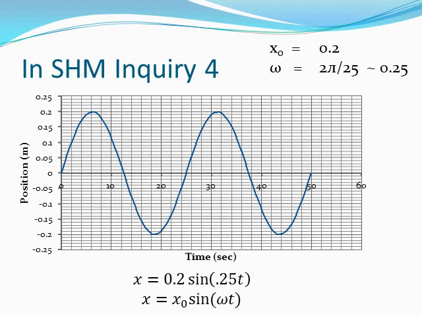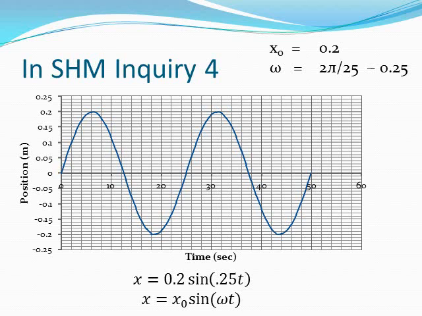The function that goes along with this should be something like x equals 0.2, which is the maximum displacement, times sine of omega t, where omega is the value we calculated. Now, the important thing is that from a position versus time graph, you can figure out the shape of the velocity versus time graph by just using plain induction.